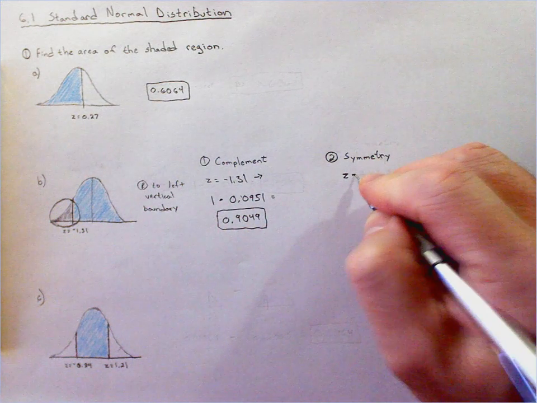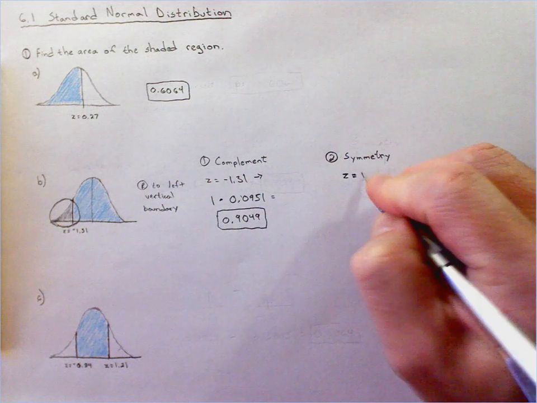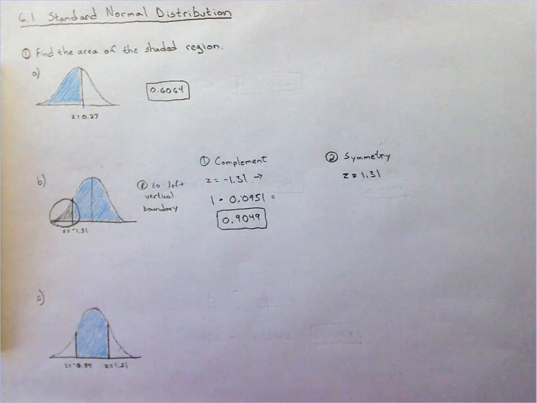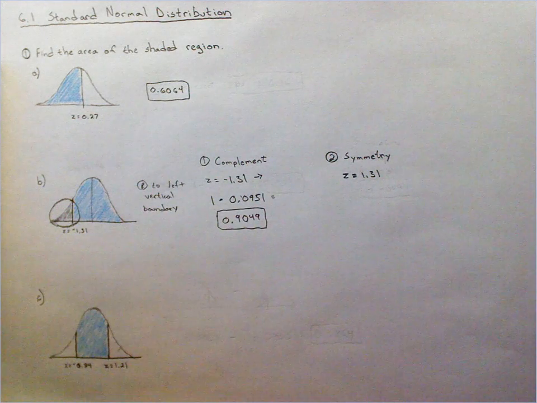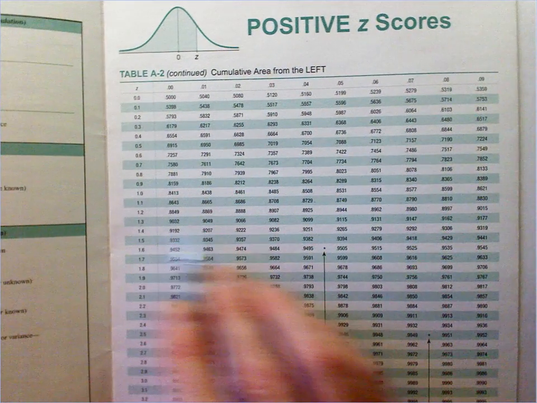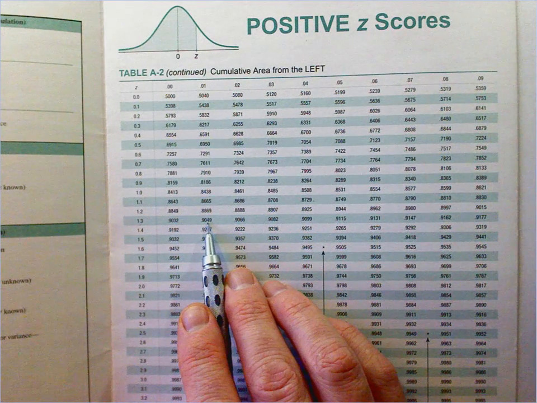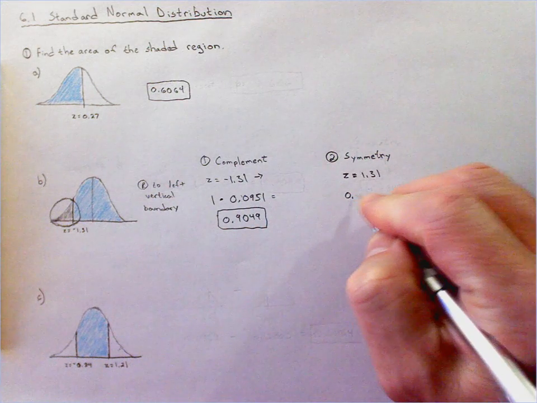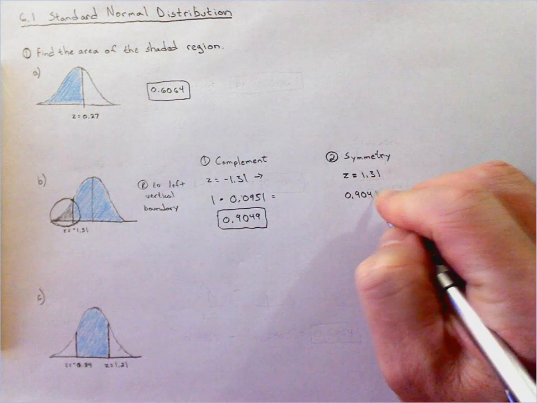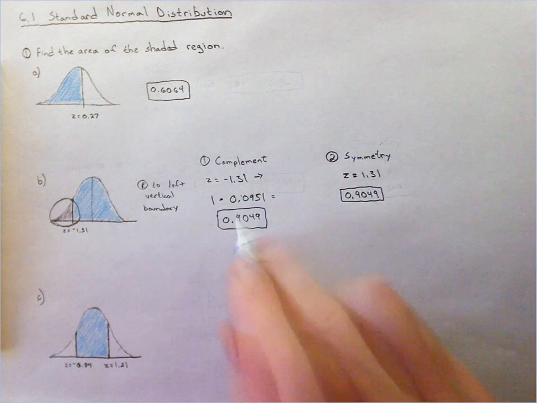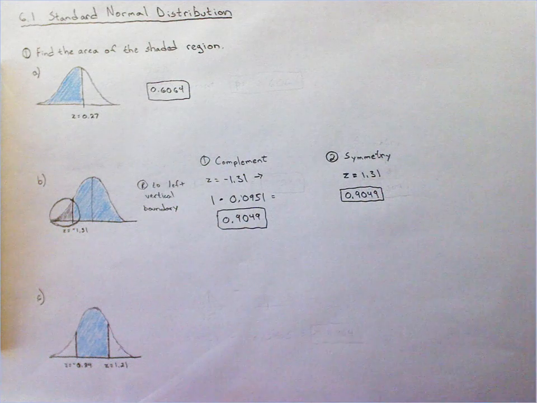So what I'm actually going to look up is a z-score of z equals 1.31. So 1.3 over to 0.01, and that is 0.9049, same score. Either method you want to use, the complement or symmetry, both of them work.